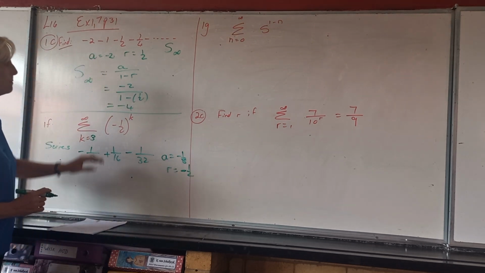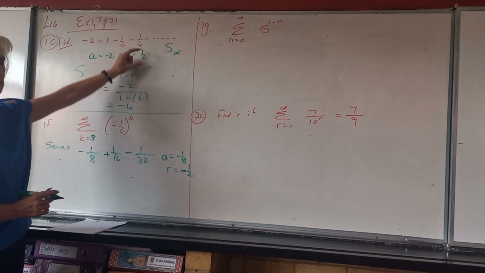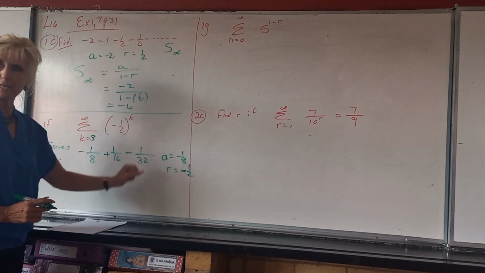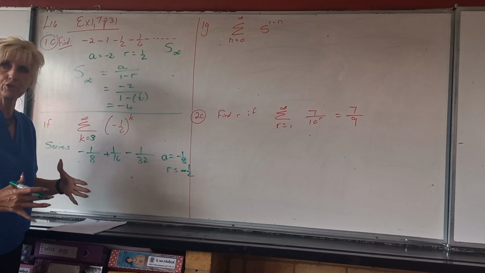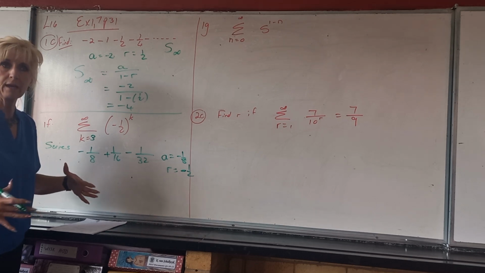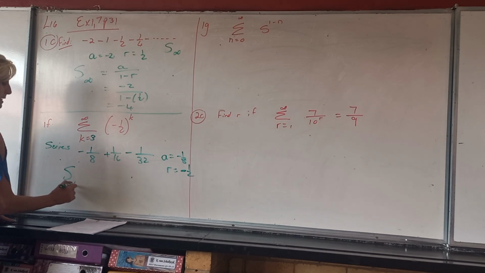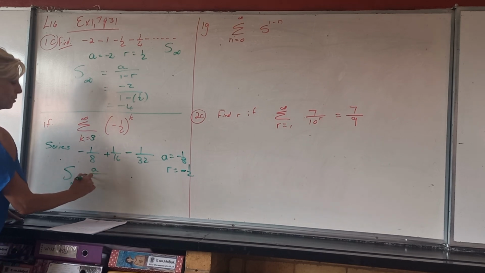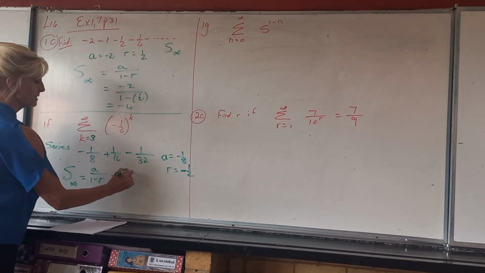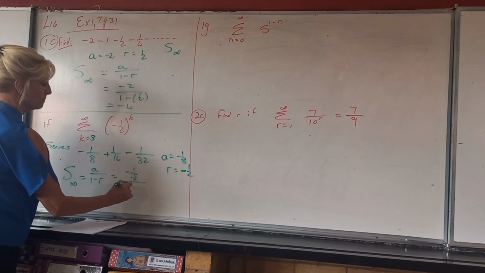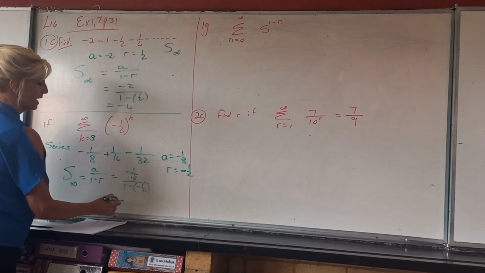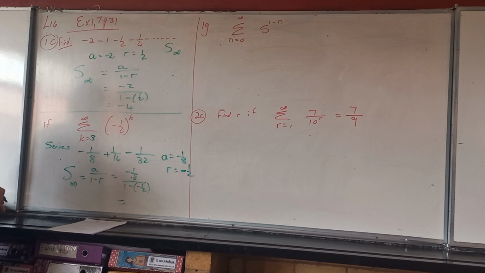Because it's something between 1 and minus 1, that's why this is going to be a converging series that I can get the sum to infinity of. So sum to infinity would be A over 1 minus R. So it's negative 1 over 8 over 1 minus minus a half. And please give me an answer.